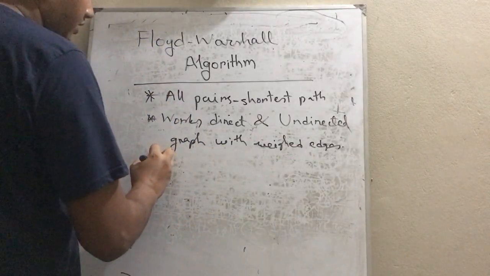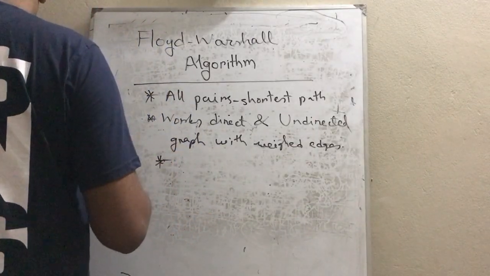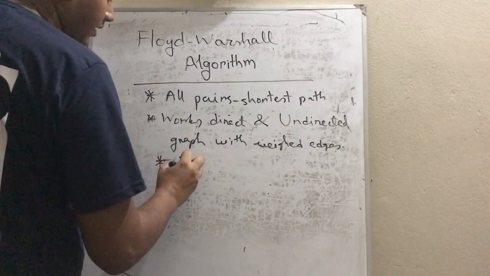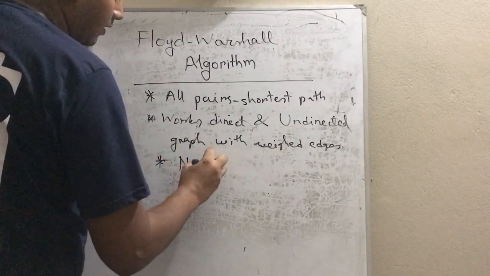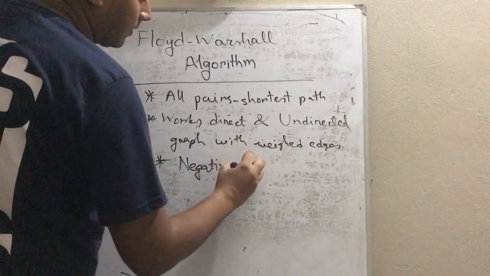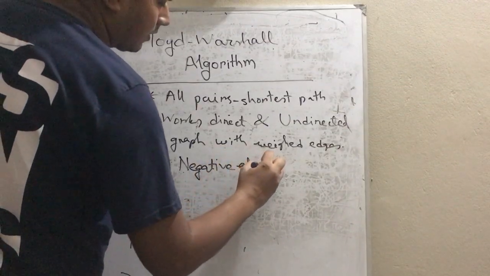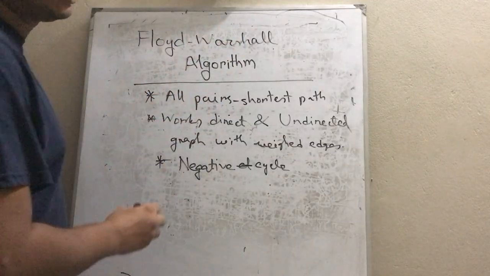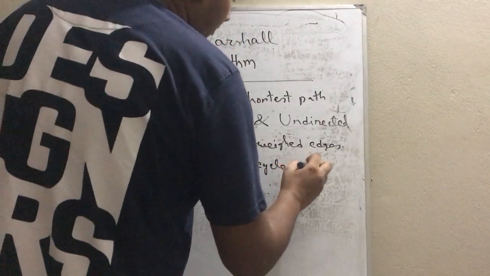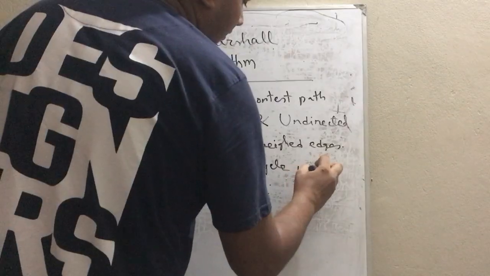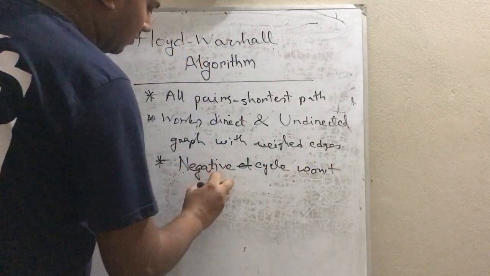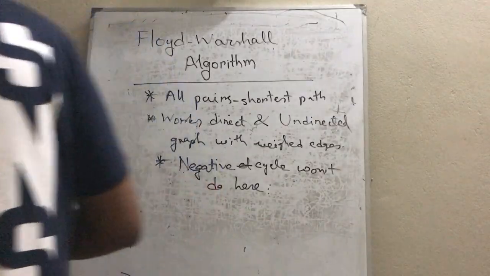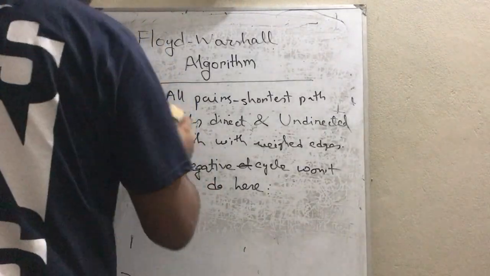But where will it not work? If there is a negative cycle, Floyd-Warshall algorithm will not work. What does negative cycle mean?